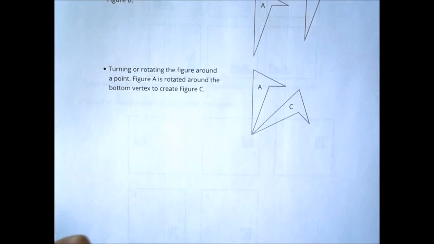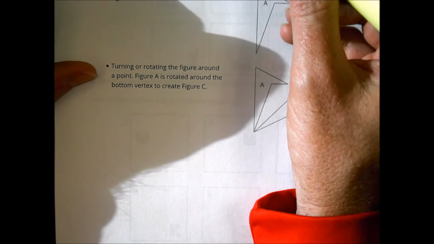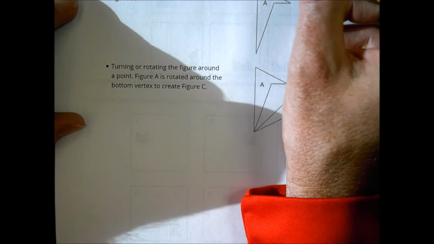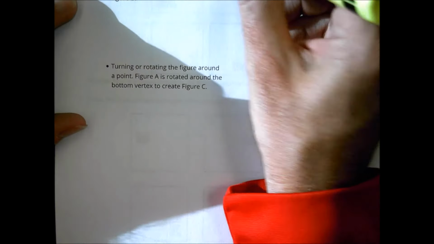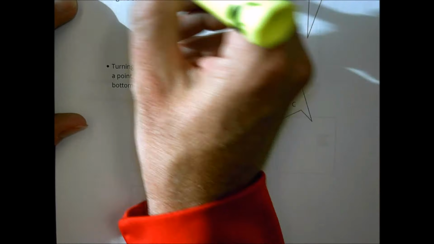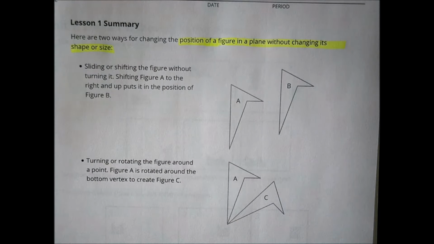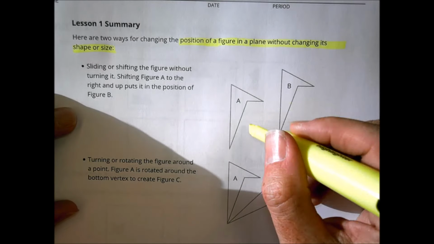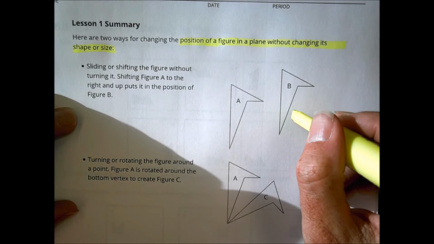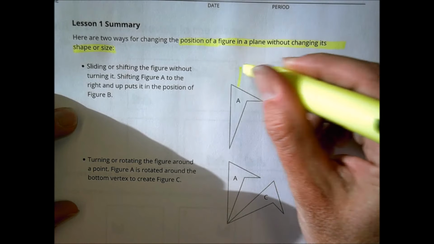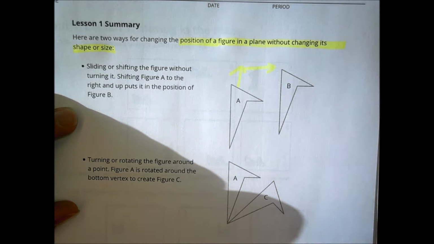So in essence, our lesson today was just about ways to talk about how a figure in a plane can change, can move, how to position a figure in a plane without changing its shape or size. So nothing was changing in its shape or size, it just was sliding and shifting. And so you could take a shape like this and say, these shapes are the same, we're just moving it up a little bit and then over a little bit is all we're doing there.